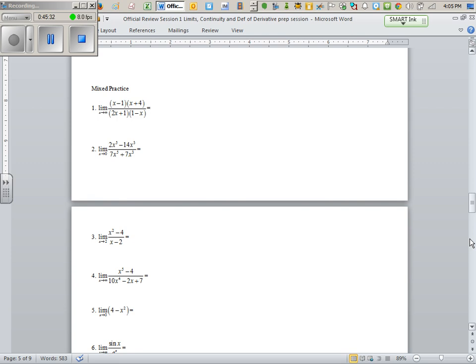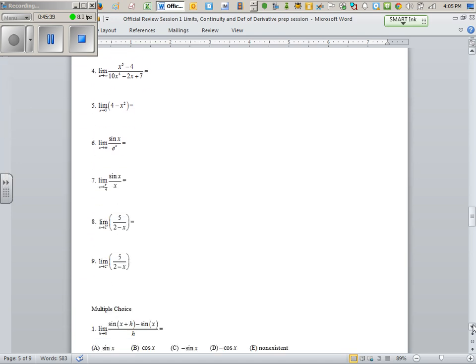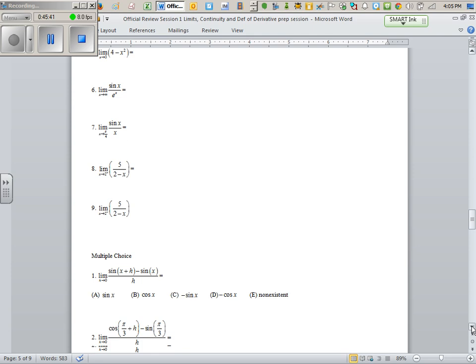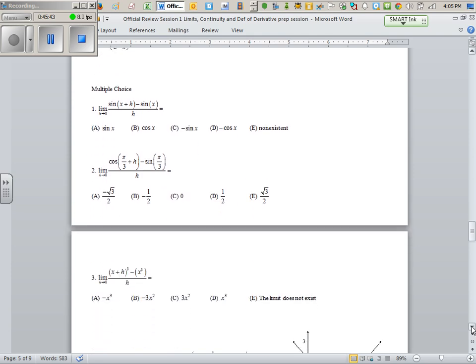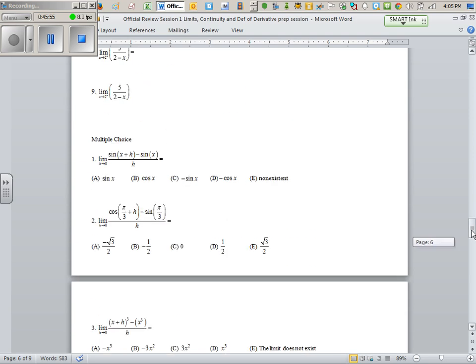Oh, are there? Yeah. Oh, wait. On the answer sheet or the? My mixed practices is 1, 2, and 3, and then on the next page it says 3 again, and then 4. Oh, flip that one over. You have duplicate pages? Well, no, there's like 1 through 9, and then there's multiple choice.